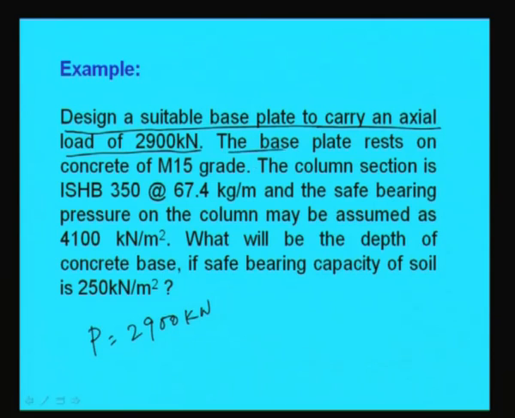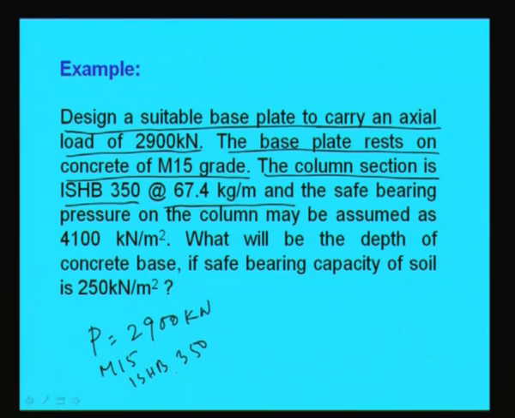The base plate rests on M15 grade concrete. The column section is ISHB 350 at 67.4 kg per meter. So the column section size is given, that is ISHB 350.